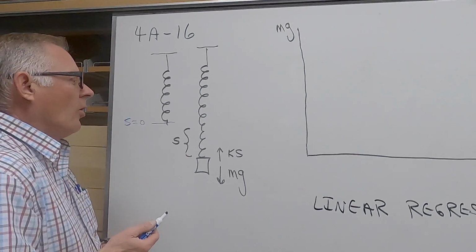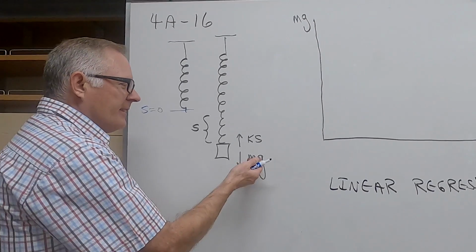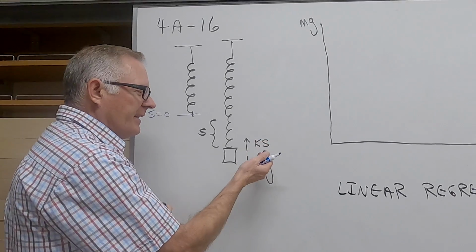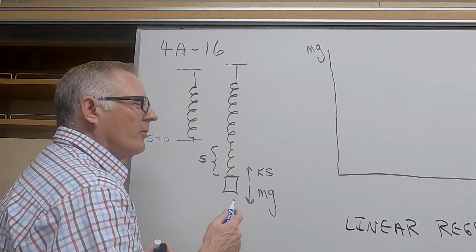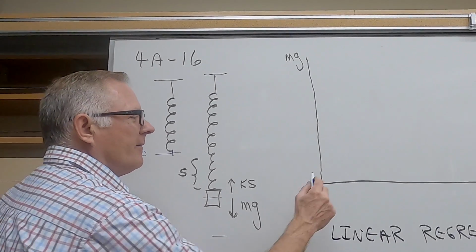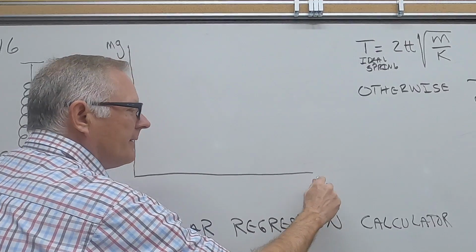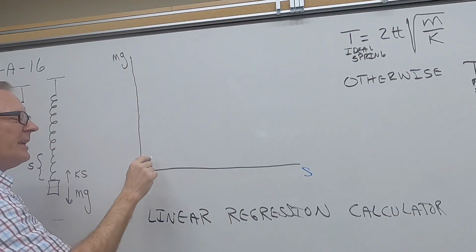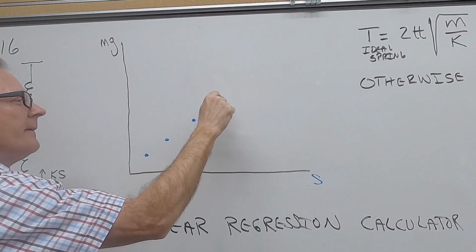You'll notice when this thing is just sitting there, these two are in equilibrium: mg and ks are the same. So if we take the data and plot s versus mg, we're going to get a straight line.